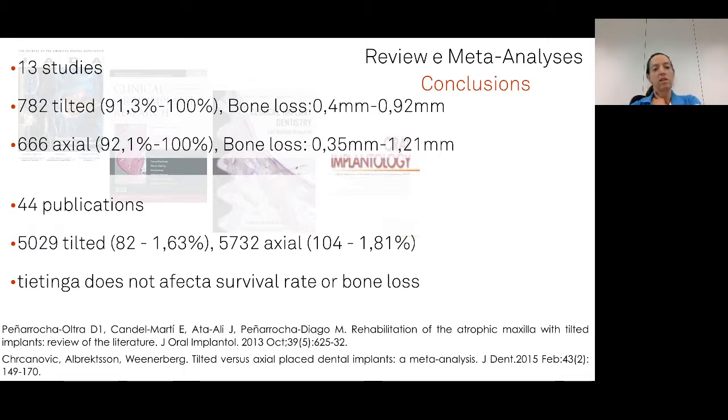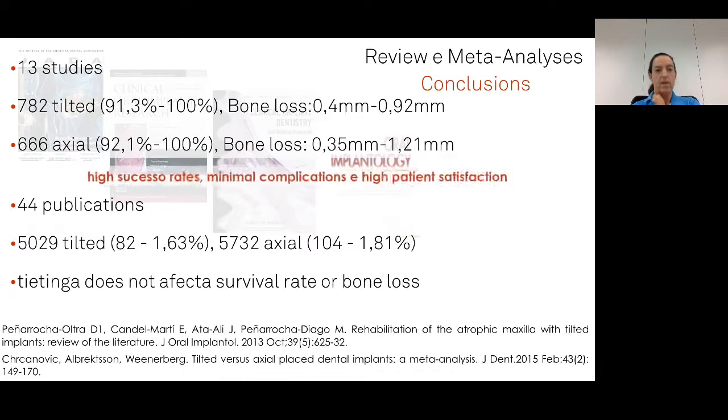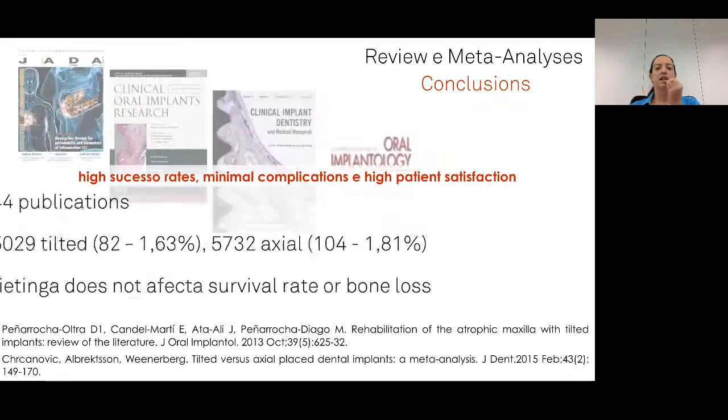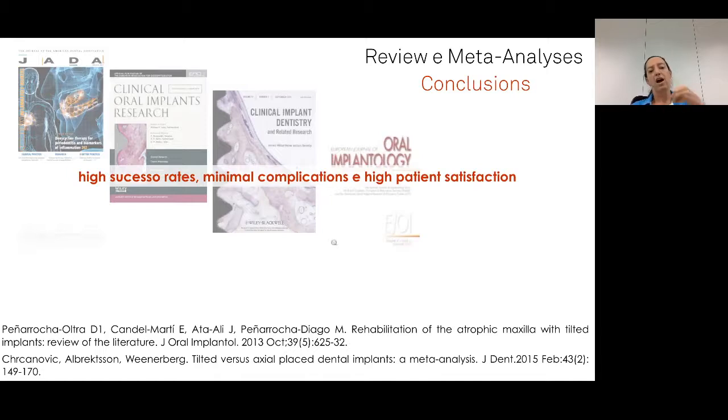So the tilting does not affect the survival rate or the bone loss. We can see that the tilting of implants leads to high success rates, minimal complications, and very high patient satisfaction when we compare it to the traditional protocols of doing sinus lift and bone grafting, etc.